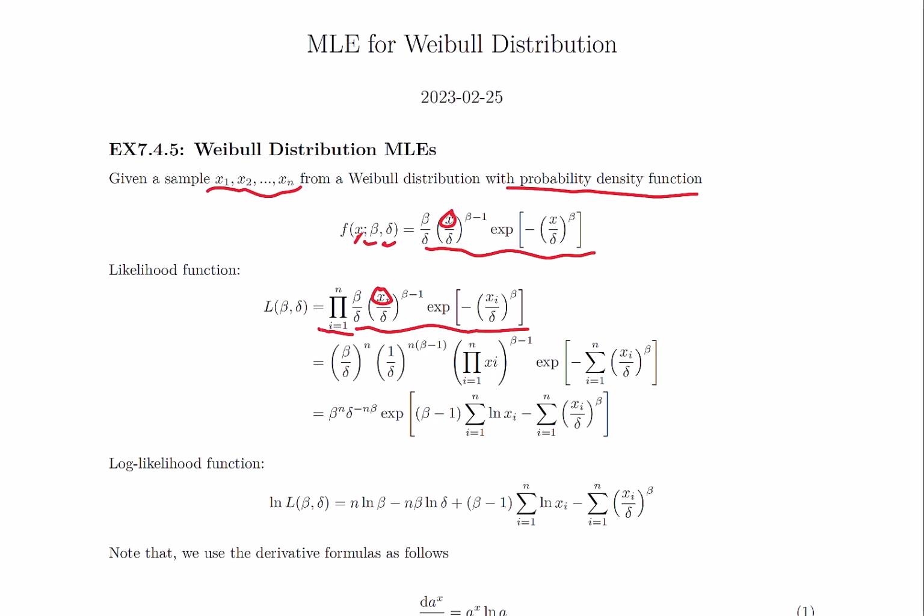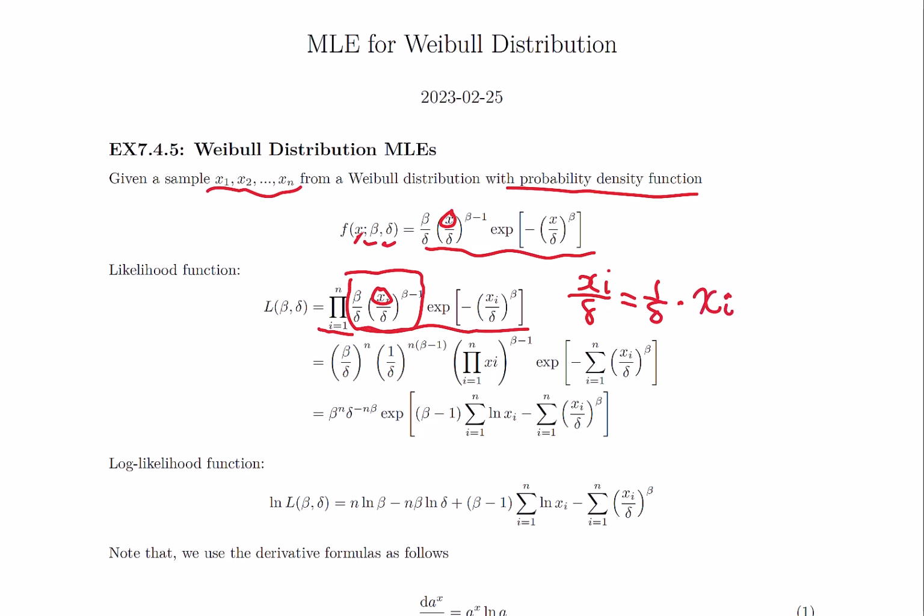Now let's go one step further, because for the constant terms, these two terms do not change with the i. Remember here we split the xi over delta as 1 over delta times xi.